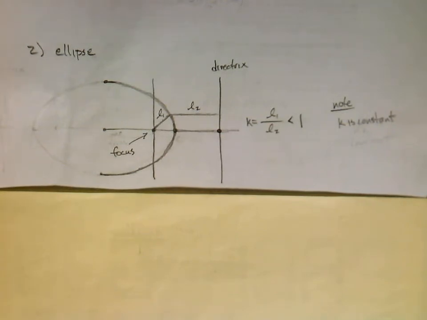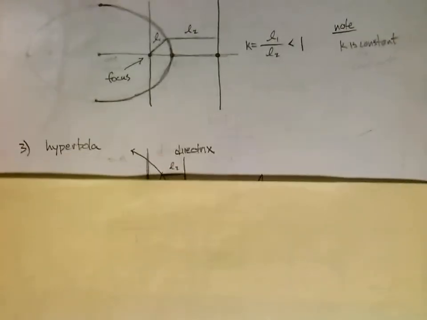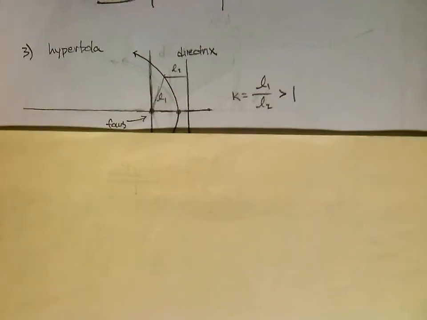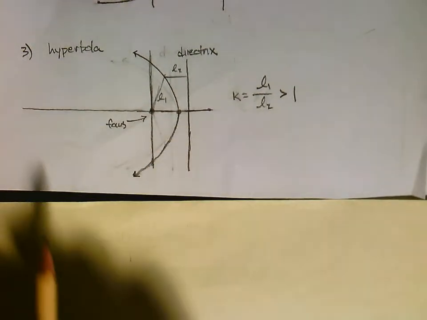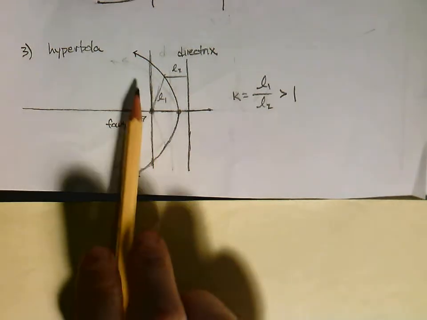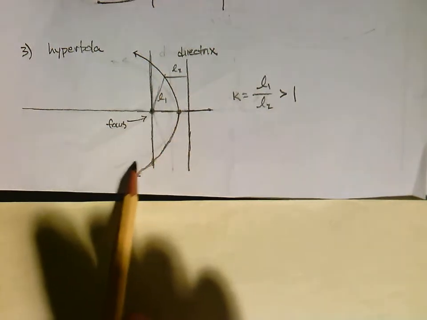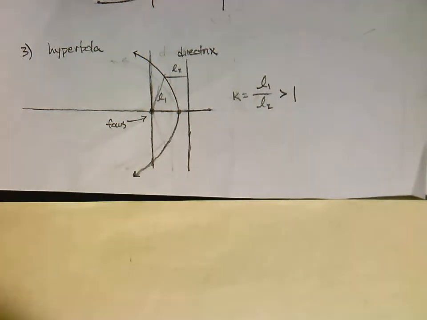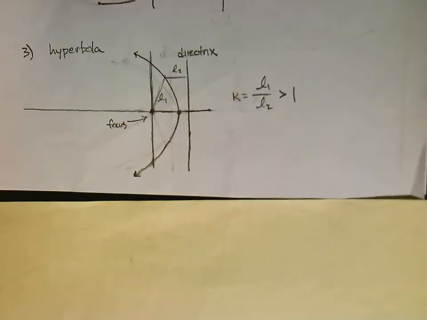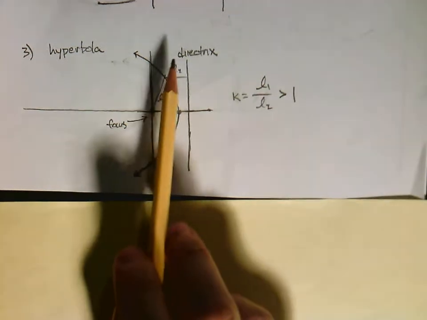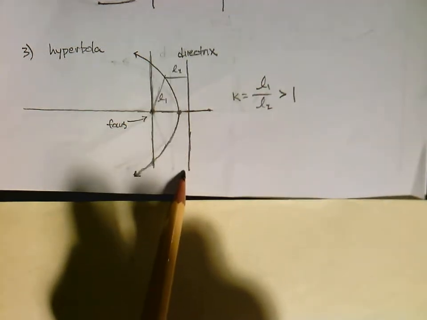And finally, of course, we're going to talk about the hyperbola. So I have drawn just half of the hyperbola, just this branch, if you will. The other branch would be out here. So the focus, again, is at the origin. A hyperbola has a directrix as well.